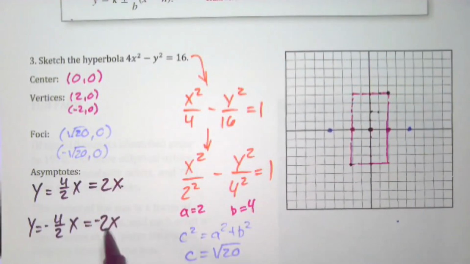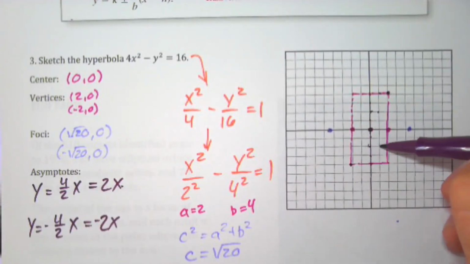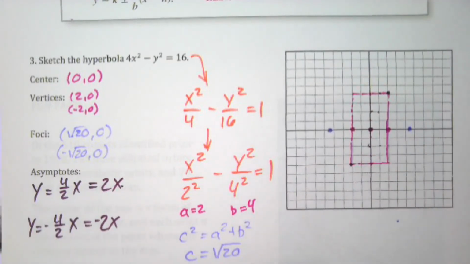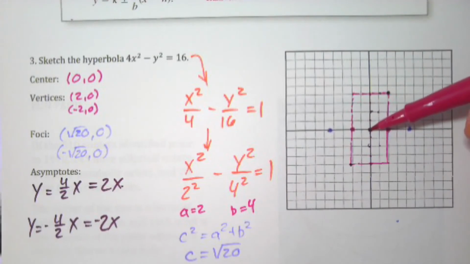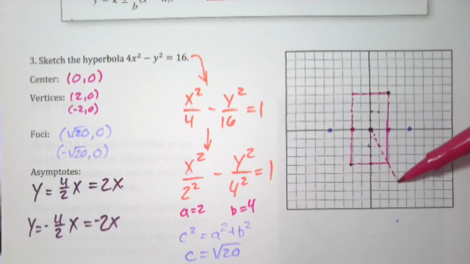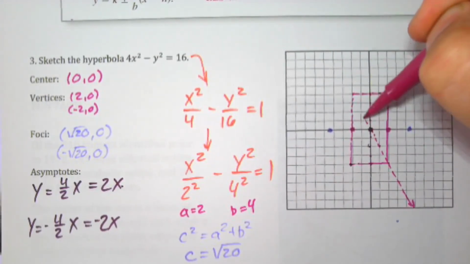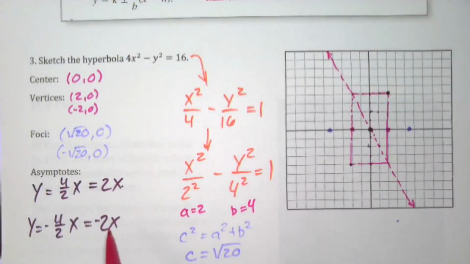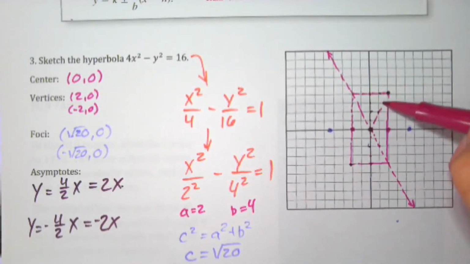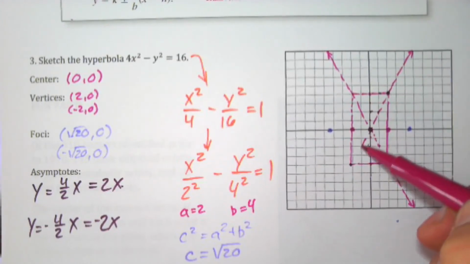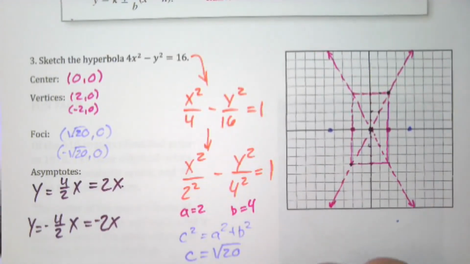And then again, starting at 0 with a slope of negative 2 over 1, negative 2 over 1, we end up with that same matching asymptote that, yes, we could have graphed right here just going, of course, it's going to go through that corner. But we just want to be sure we get that formula so we can use that slope-intercept form just to double check we have those right asymptotes.